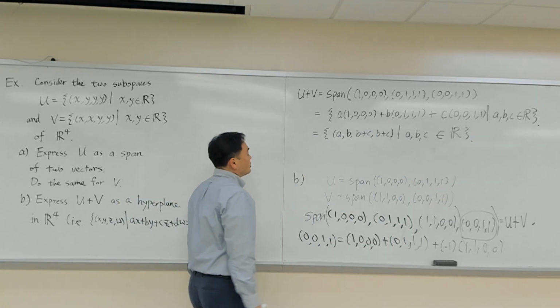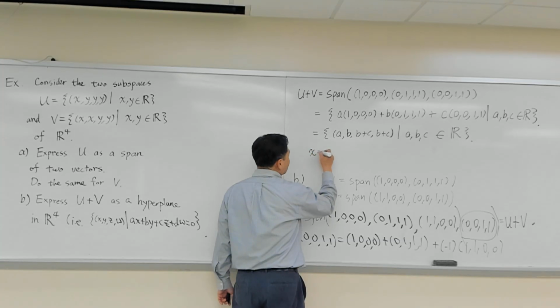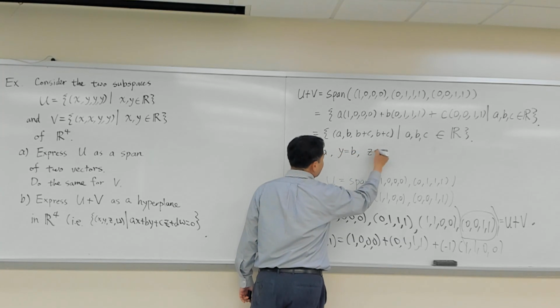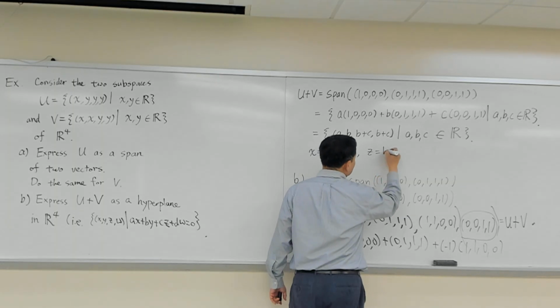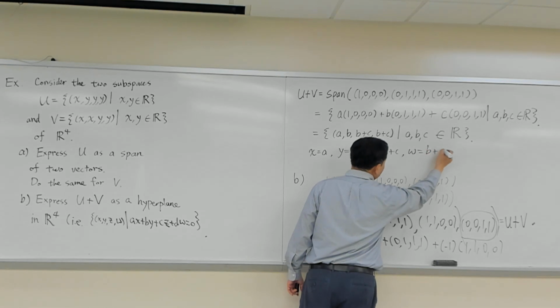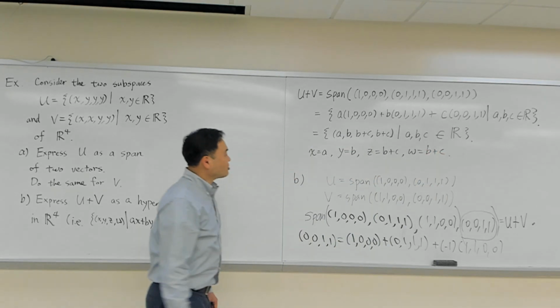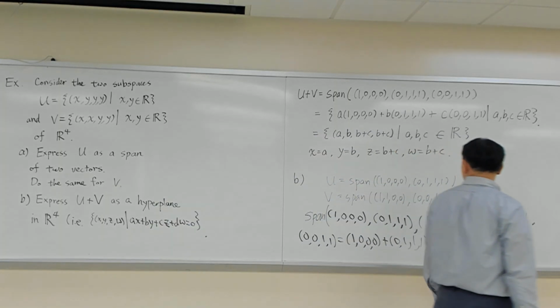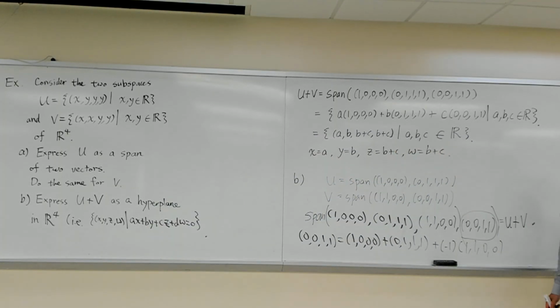Okay, so if I have x equal to a and y equal to b, and then z equal to b plus c, and w equal to also b plus c, what's the equation that you get?